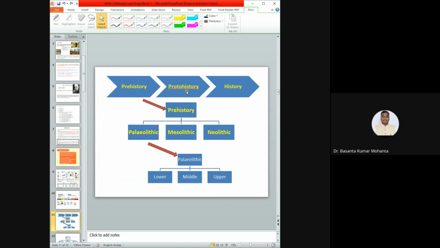In prehistory, as I told, it is broadly divided into Paleolithic, Mesolithic, and Neolithic. Out of these three subdivisions, the Paleolithic comes under the Pleistocene geological time period. After the Pleistocene, the latest one, the recent one, is called the Holocene geological time period. At that time, the Mesolithic and Neolithic cultural periods evolved.